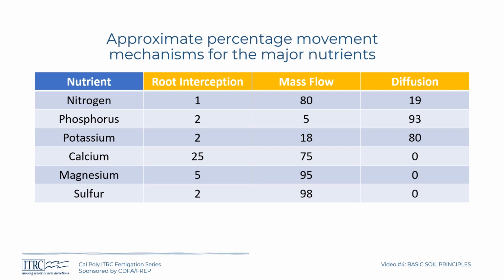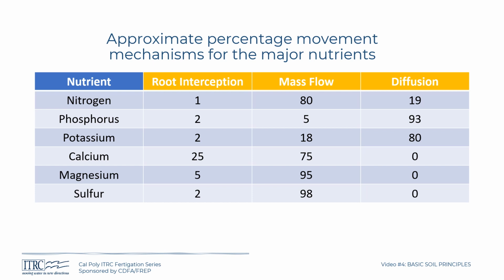Phosphorus, on the other hand, and potassium, these are your two other major nutrients. They're primarily brought into the plant with diffusion. Remember, that means that you get a high concentration of phosphorus, perhaps in the soil water solution, and then as it's taken up by the plant roots, you get a lower concentration near the roots. So you get diffusion without water flow.